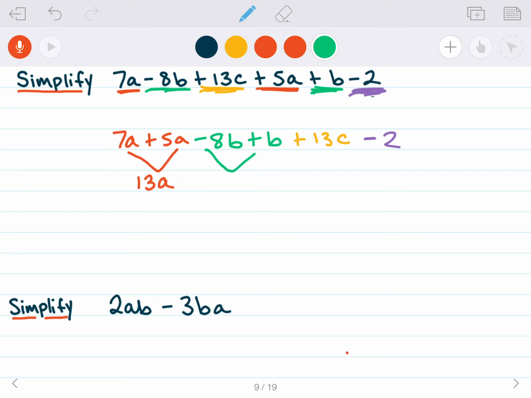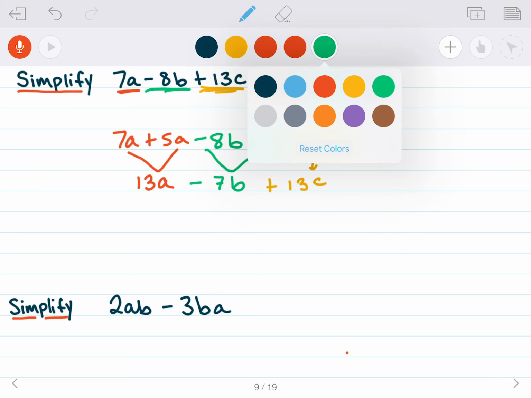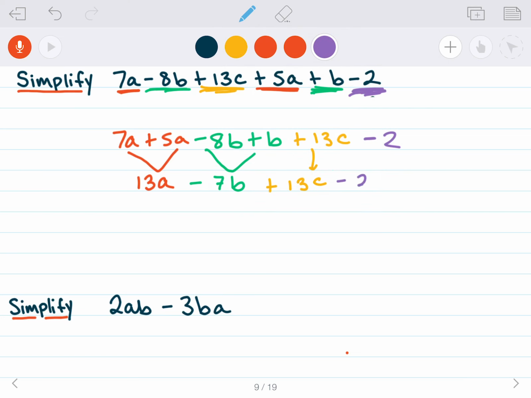Negative 8 plus 1 is negative 7b. Right? Those are like terms, so I can combine them. And then this just comes down because he doesn't have a partner, and so does the negative 2. And that's all I can do. This is our answer fully simplified. 13a minus 7b plus 13c minus 2. Okay, let's do the next one.